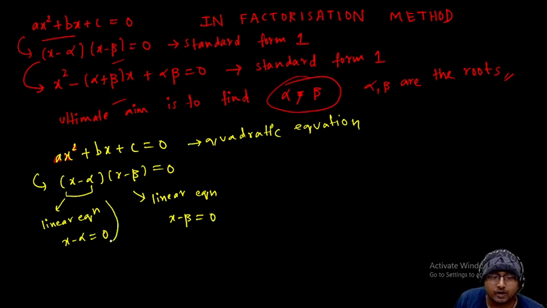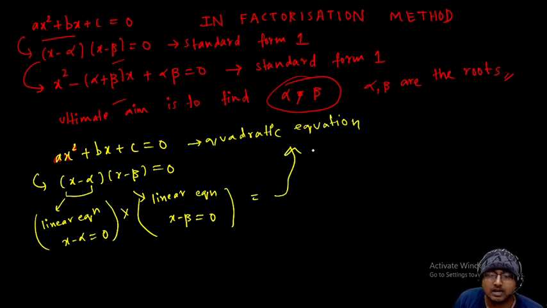So the product of two linear equations is nothing but a quadratic equation. Why quadratic? This x minus alpha equal to 0 has degree 1. This x minus beta equal to 0 has also degree 1.